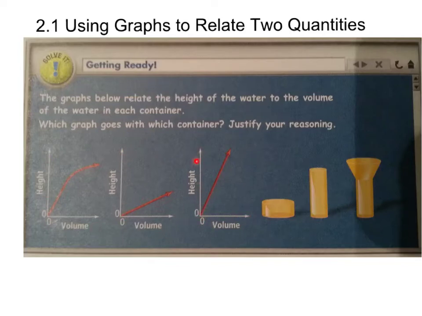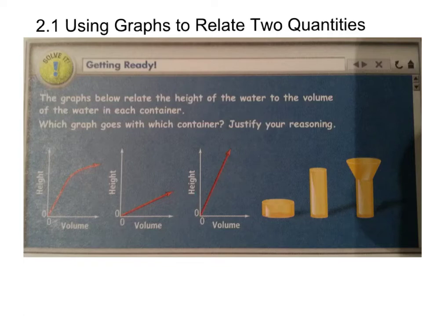Now, I have my little cursor here so you can see what we're looking at. In each of these, the x-axis is the volume. The reason why we only have the first quadrant is because this is only talking about positive x and positive y. We're relating volume to the height. So as volume goes to the right, what is happening to the height?